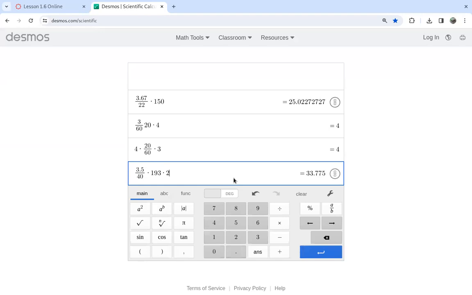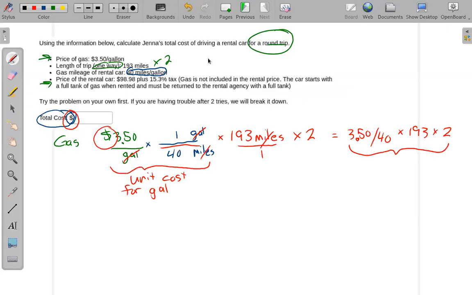All right, so I'm getting, to the nearest cent, 33.78. So that is approximately 33.78. And that's just the cost of gas, right?